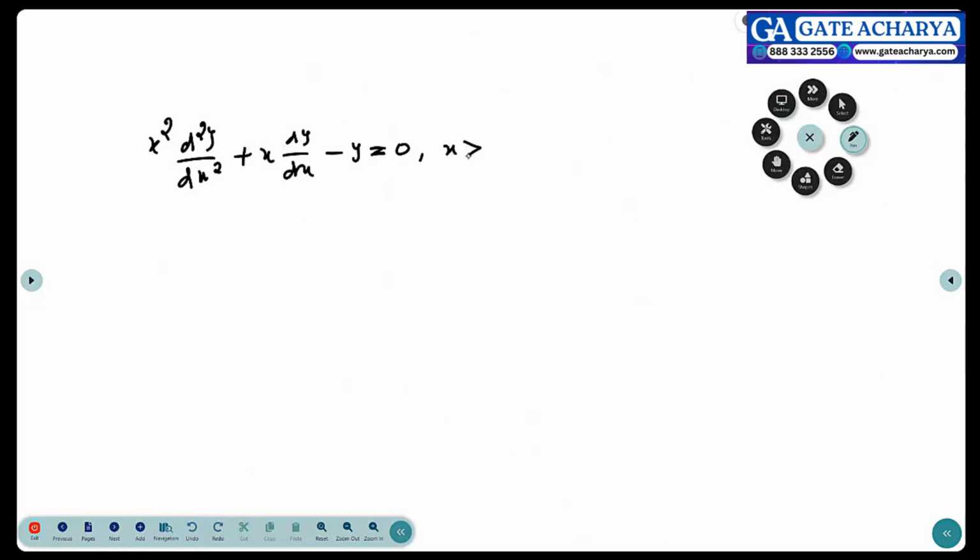for x greater than or equal to 1, with y of x equal to 1 being 6, and dy by dx at x equal to 1 being 2.